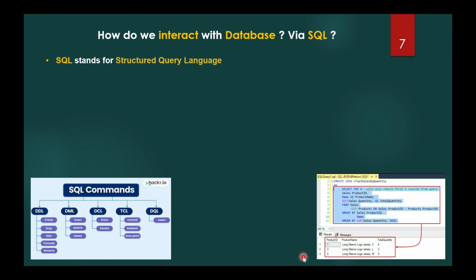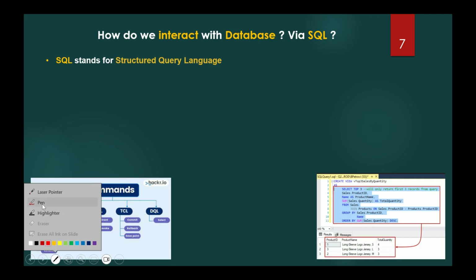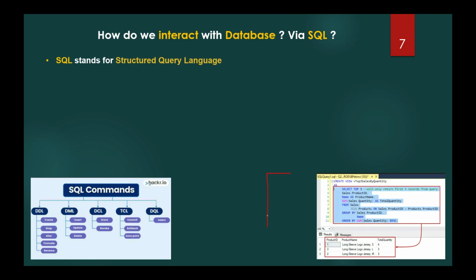Let's say the database will be here. You'll see it in the future, but right now I want to make sure you have a better understanding. So let's say this is the DB.